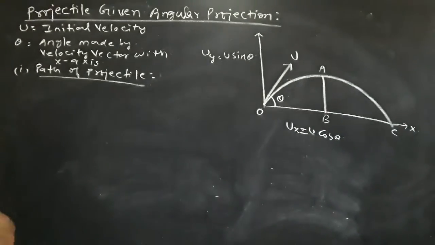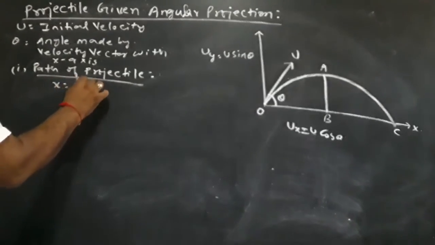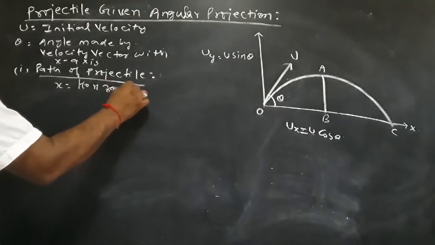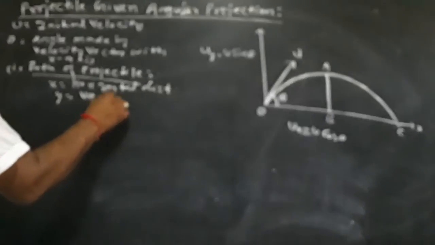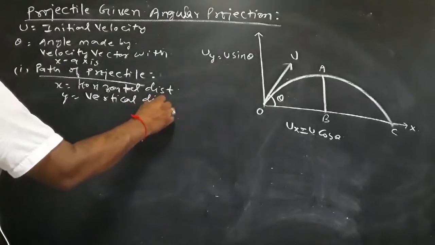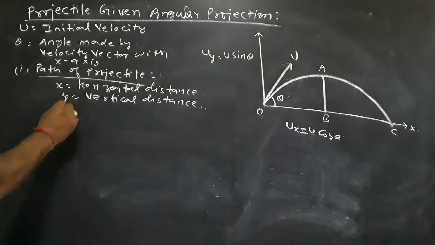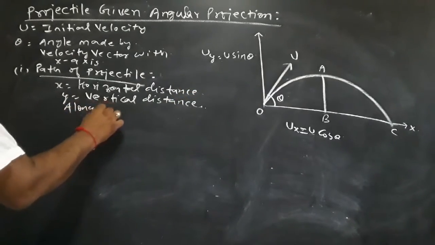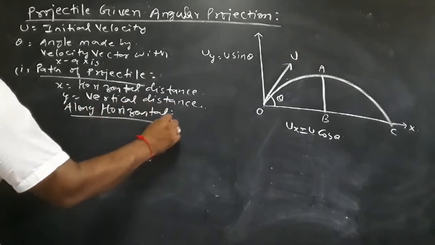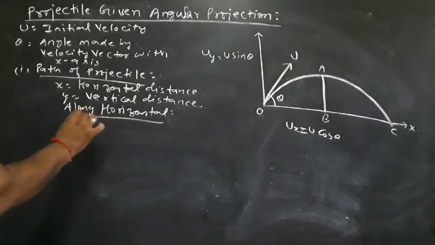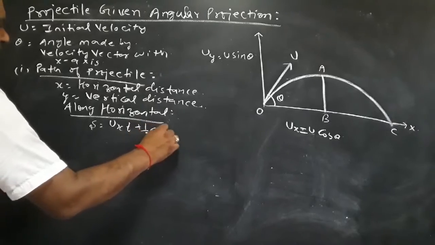Now we can find the path of the projectile. Let x be the horizontal distance, y the vertical distance. After time t, now along horizontal, by second equation of motion, s is equal to ut plus half into at square.